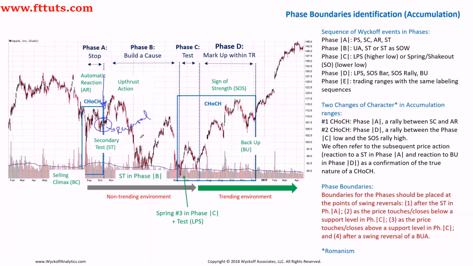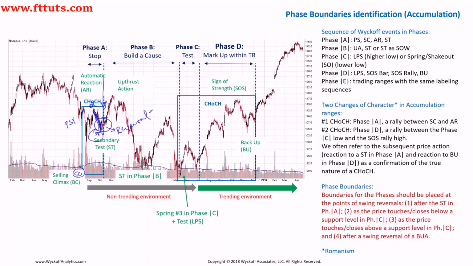So why would we do it like this? Well, obviously we want to include all of the points of phase A, which is preliminary supply, selling climax, automatic rally, secondary test. And then we want to identify the ending of the secondary test. And secondary test is just a reaction.